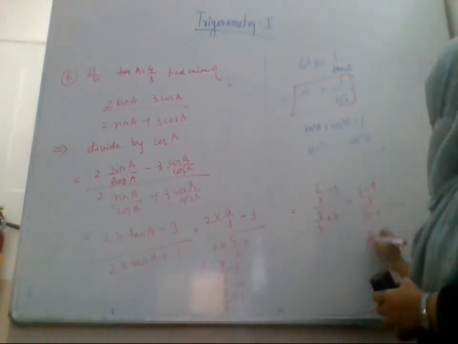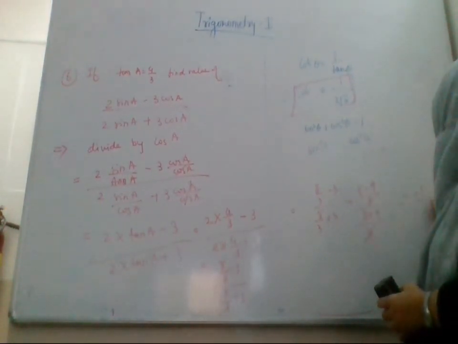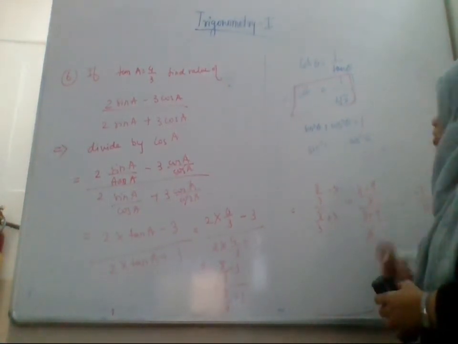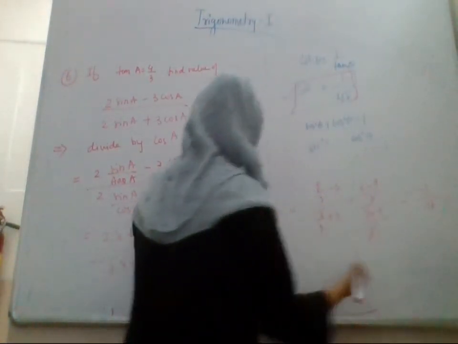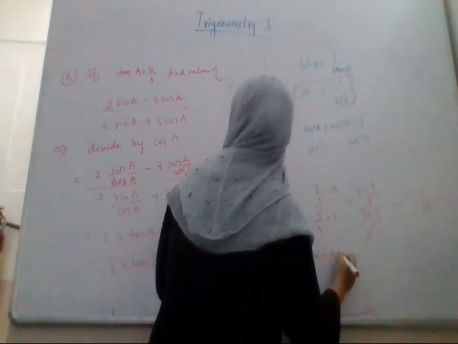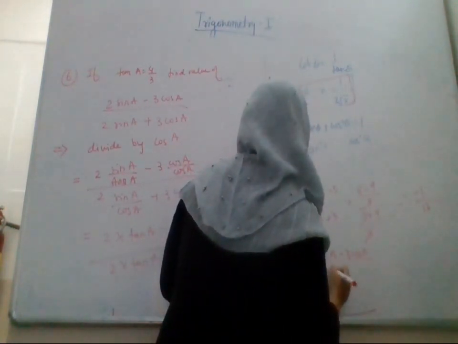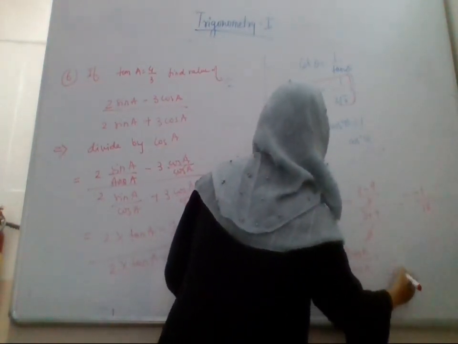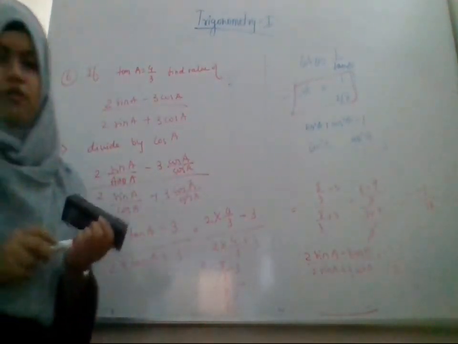Okay, so 3 and 3 will get cancelled. 8 minus 9 will be minus 1 and 8 plus 9 will be 17. So the value of this expression is minus 1 upon 17. Okay, so at the end you have to write, therefore (2 sin A minus 3 cos A) divided by (2 sin A plus 3 cos A) is equal to minus 1 upon 17. Okay, so this is your final answer.